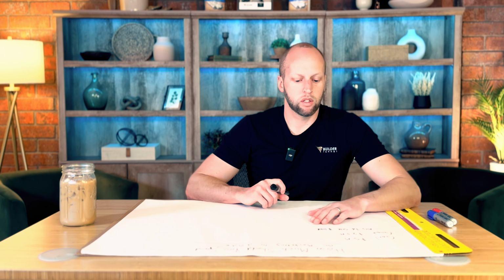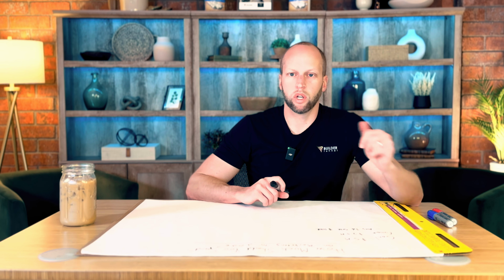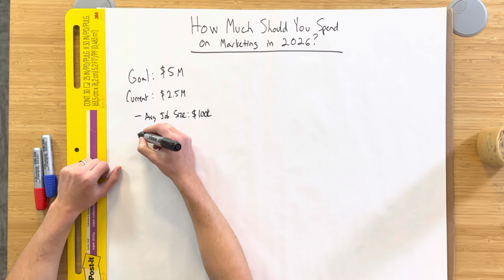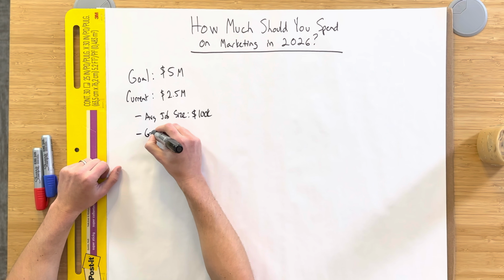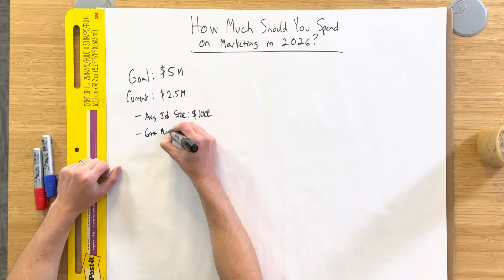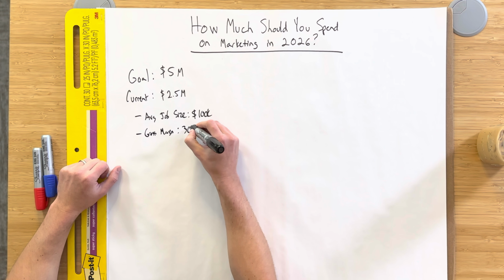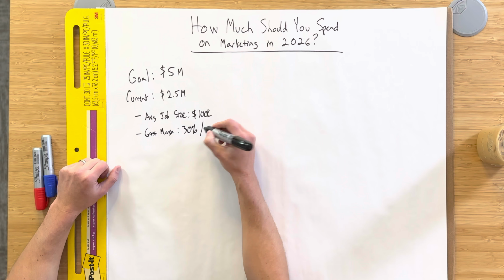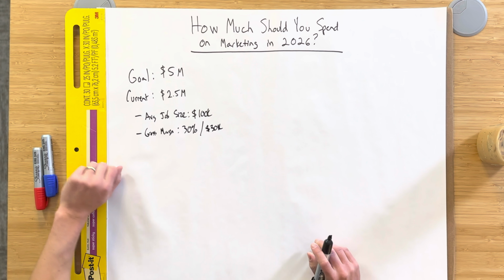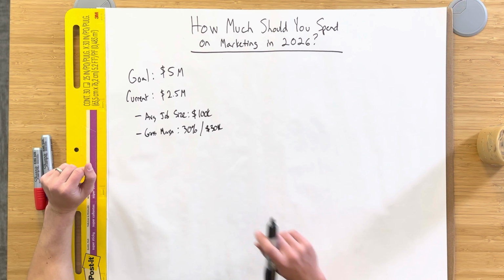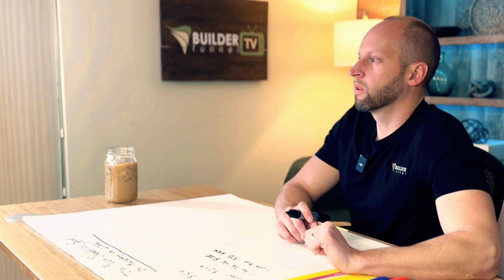This coming year, assuming this doesn't change, we need to do 50 projects. Then we also need our gross margin, and we are going to use 30%. If we turn that into gross profit, we'll know that is $30,000. 30% of the $100,000 is $30,000.